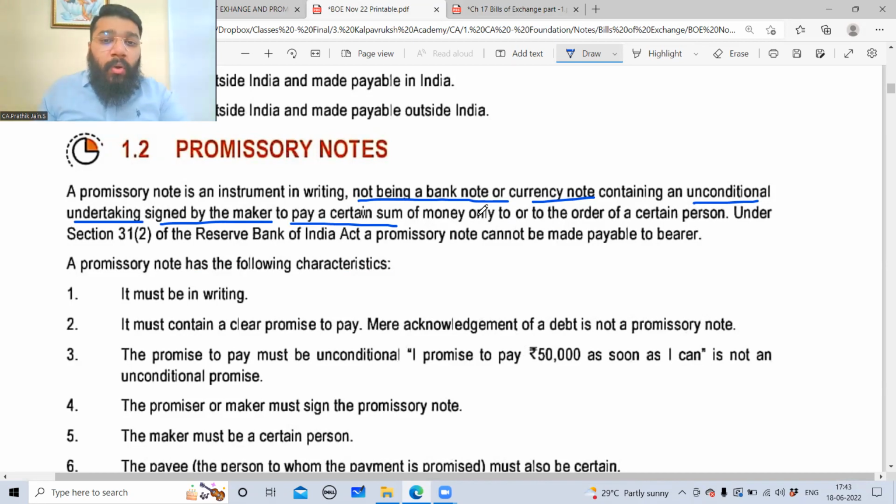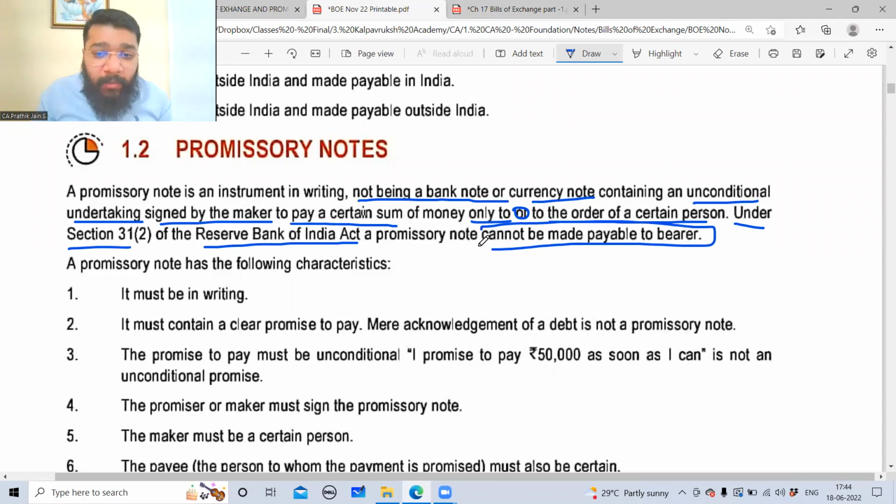Only to, that I'll pay only to you, or if you're ordering this money to be paid to certain other person, that person's name should be there, or to the order of certain person. That's it.